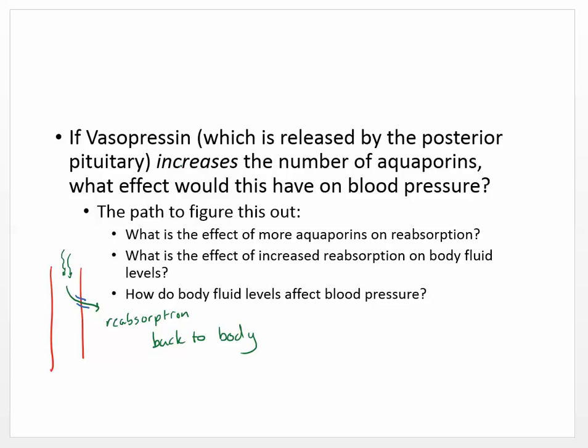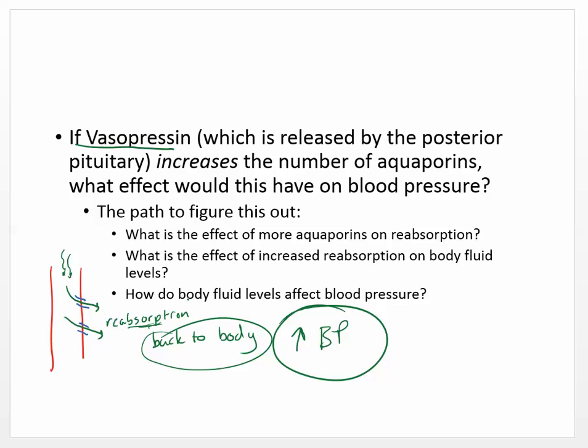If vasopressin increases the number of aquaporins, then what's that going to do to blood pressure? Well, what's the effect of more aquaporins on reabsorption? It increases reabsorption. More back to the body, more in the body means higher blood pressure. That means that vasopressin increases blood pressure. Okay? So more water back in the body, how do body fluid levels affect blood pressure?